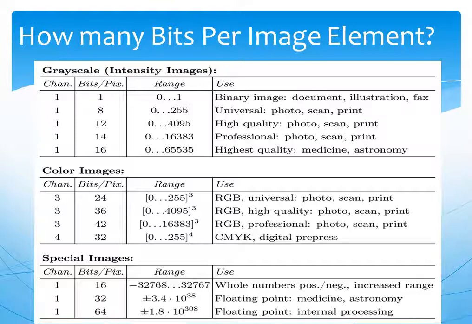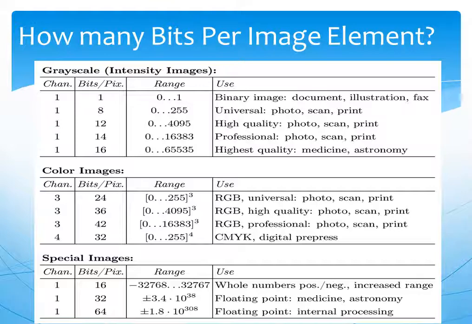So here 3 multiplied by 8, that means 24 bits per pixel are required, and the range is 0 to 255 cube. If we require high quality, RGB high quality is used for high quality photo scan print, the range is 0 to 4095 cube, and it requires 36 bits per pixel.